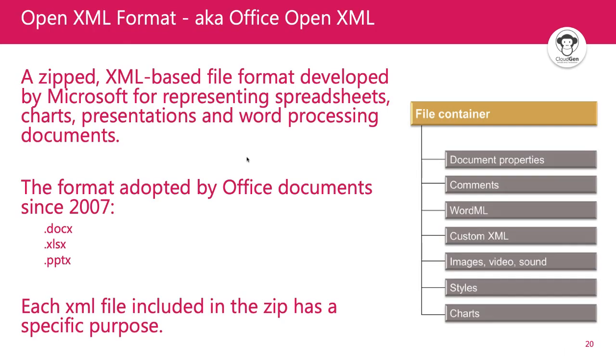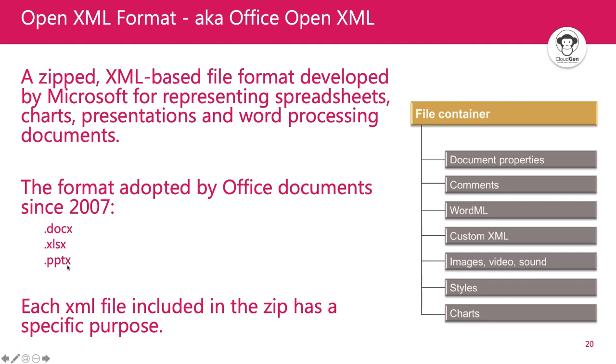OpenXML is the format that, since 2007, Office documents follow. Maybe you remember that until 2003, there was the doc file, the XLS file, and that's it. But now there is XXX. And why is X? Because it's based on XML.